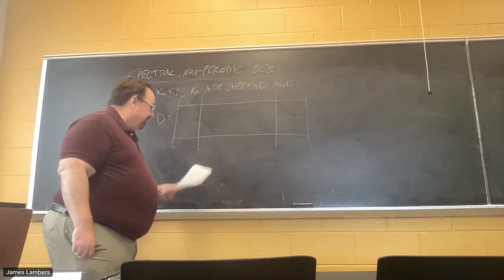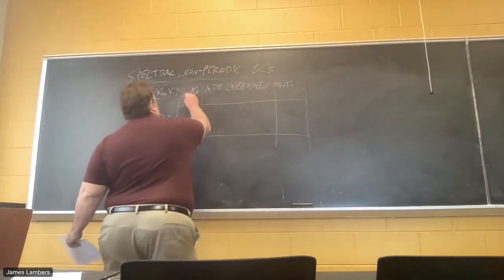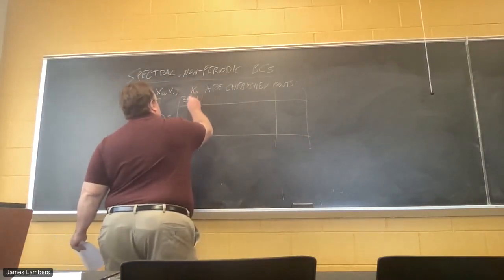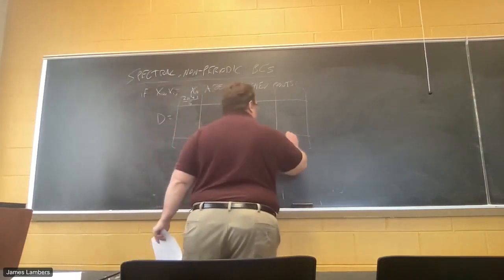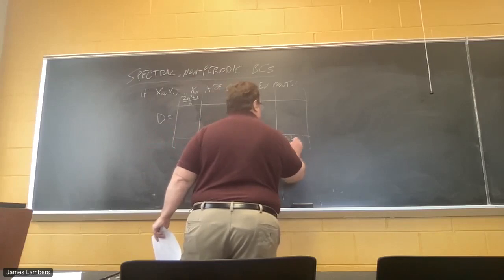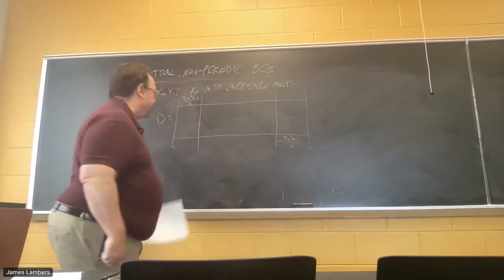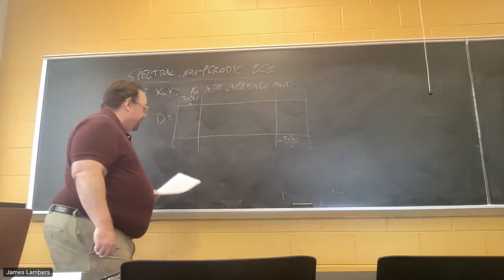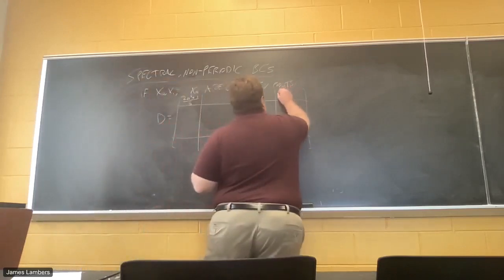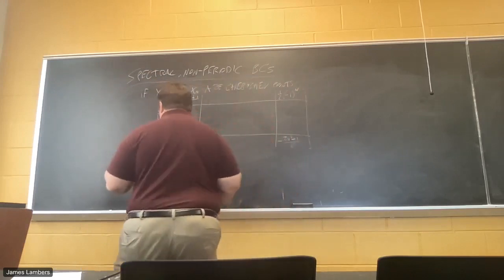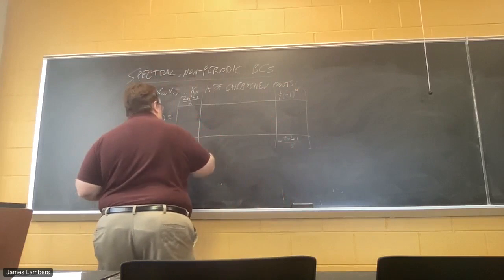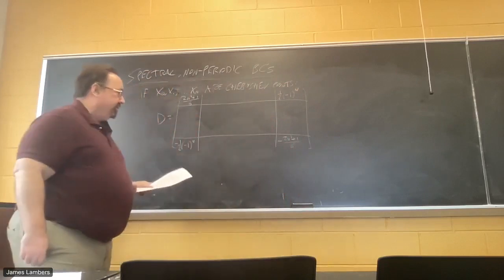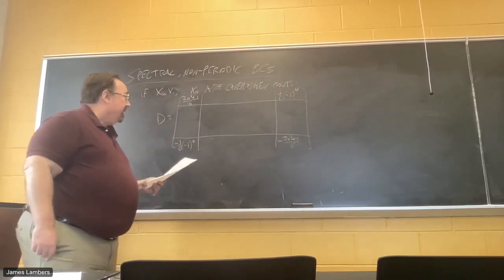So for instance, for one entry, the upper left corner, we have 2n squared plus 1 over 6. And then the negative of that at the opposite corner. At this corner we have 1/2 times minus 1 to the n, and minus that at the opposite corner. So both entries worked out pretty nicely.